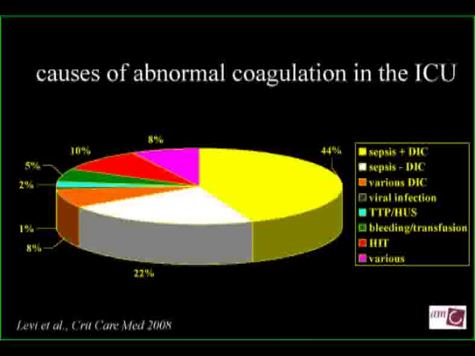In our sample, but this can very much depend on the specific setting that you're working in, the majority of patients had sepsis with or without DIC. But there were also a lot of other diagnoses found in patients on the intensive care unit. And again, these diagnoses may require very different therapeutic approaches.